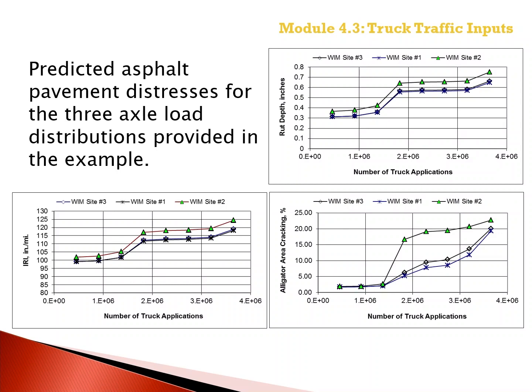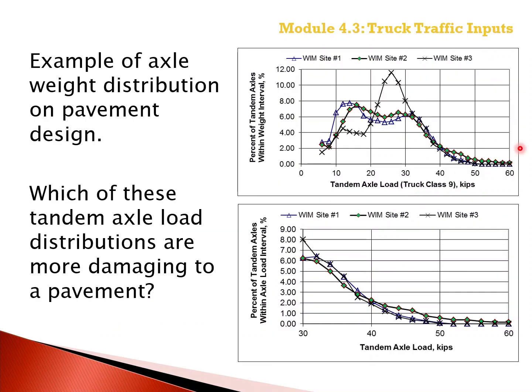This slide or group of slides includes graphs that show the results of the predicted rut depth, alligator cracking, and IRI between the 3 WEM sites. These are the predicted asphalt pavement distresses for the 3 axle load distributions provided in the previous example.